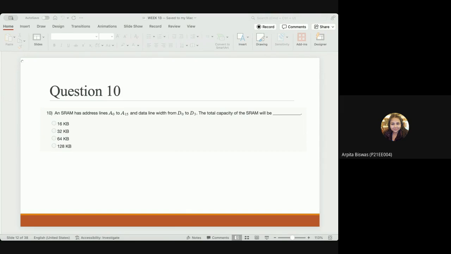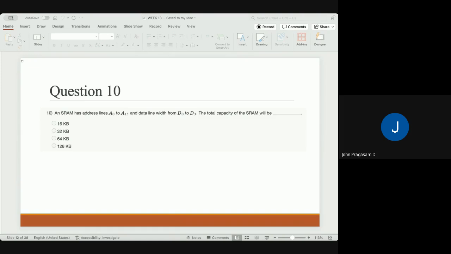Just calculate this. The formula to find out is 2 to the power number of address lines into number of data lines. Yes, ma'am. 2 power 16 value is 65k something, into 4.